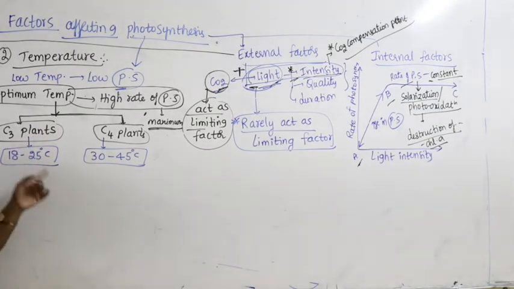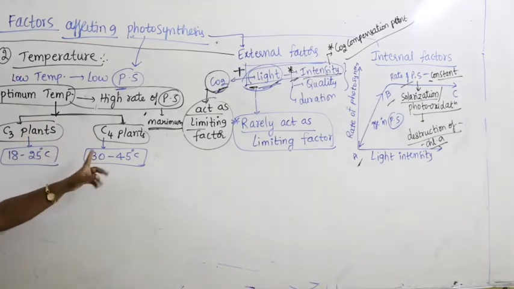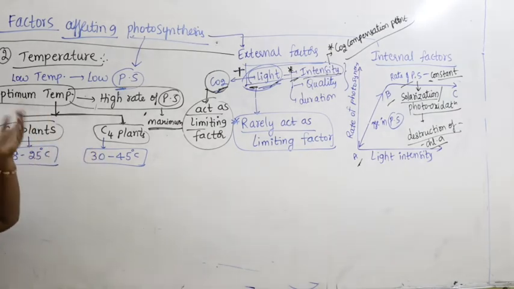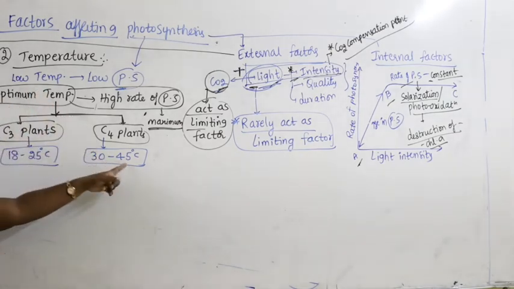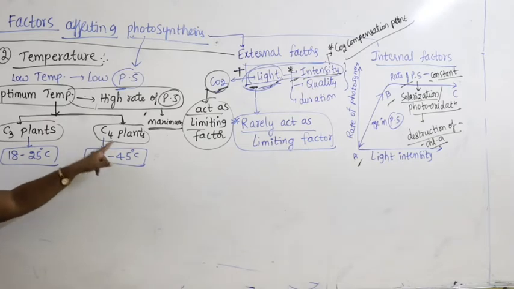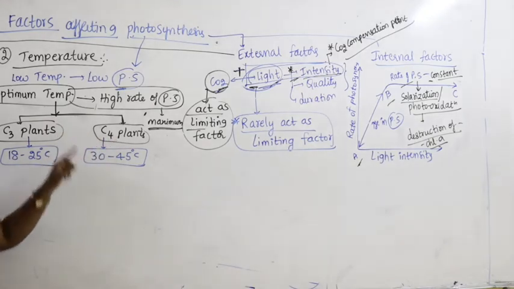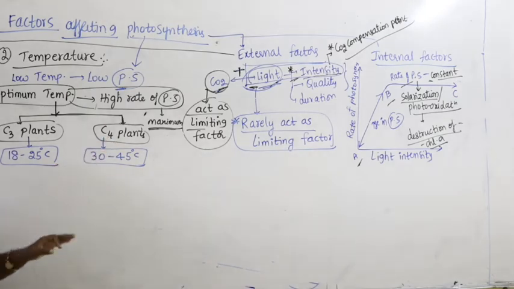That is why they have a low productivity rate compared with C4 plants, which can continue photosynthesis up to 45 degrees centigrade. That is why C4 plants have high biomass productivity or a high rate of photosynthesis.